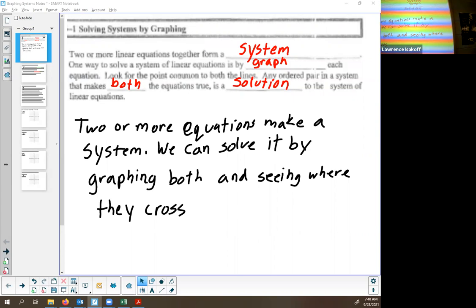So we'll talk about some of the steps of graphing equations, because I know it might have been a little while since you graphed equations. I'm going to graph mine by hand, but I'm going to show you how we can use technology tools to help us do this. I'm going to use a line tool, just so you know.